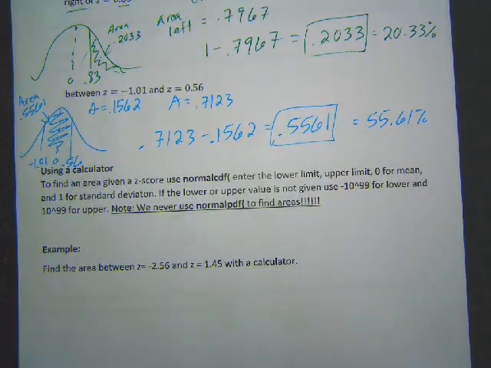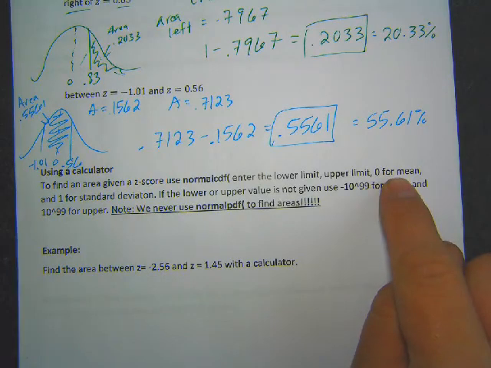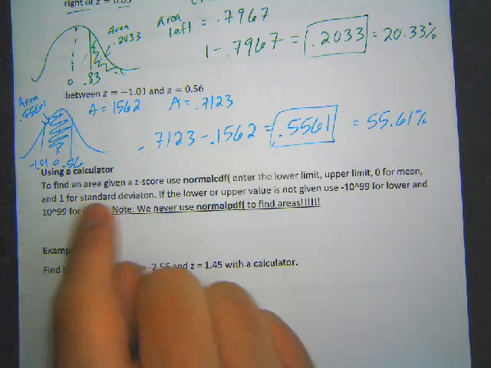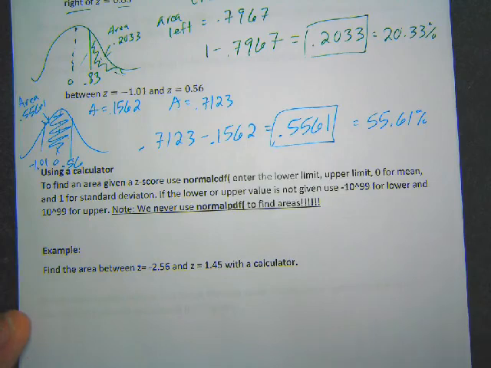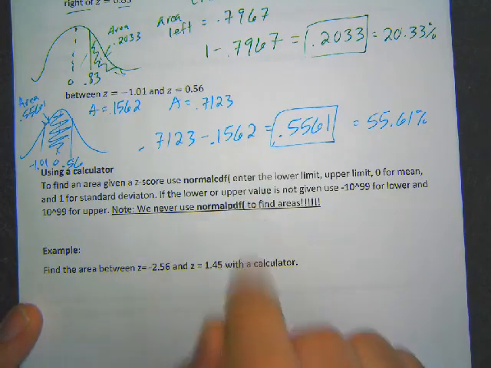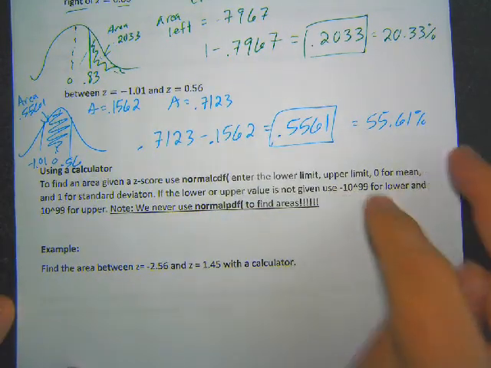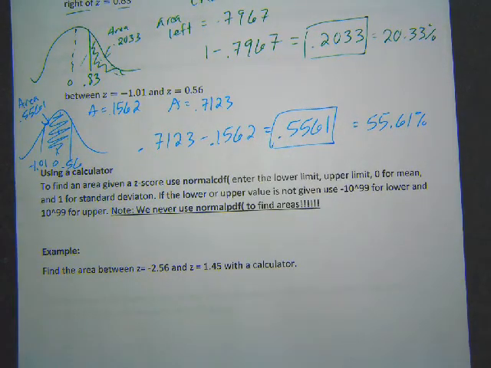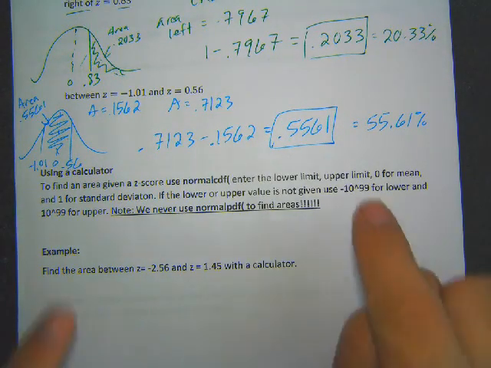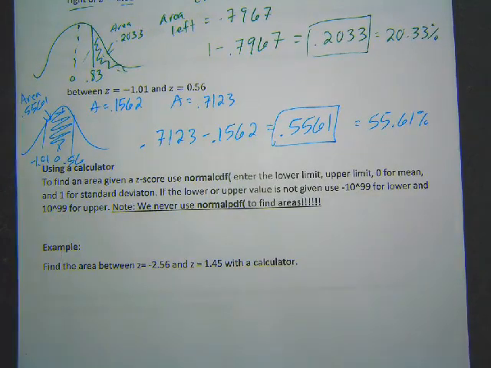So your lower limit, upper limit, you'll put 0 for the mean, because remember the standard distribution always has 0 for a mean, and 1 for the standard deviation. For the lower and upper values, I'm not going to use like negative 10 to the 99th. Your calculator might not like them this big, so if you need to, you might do like negative 10 to the 50th or something.